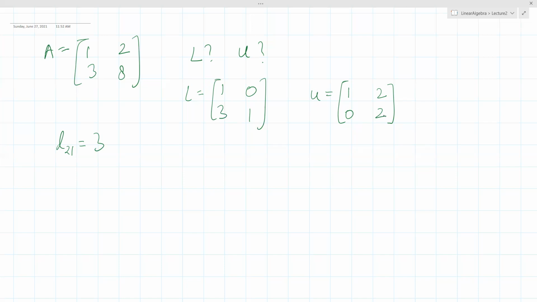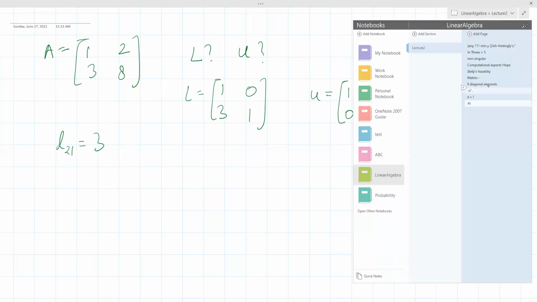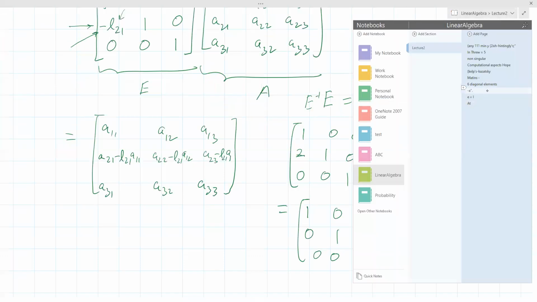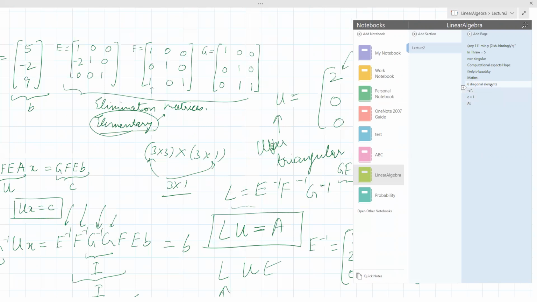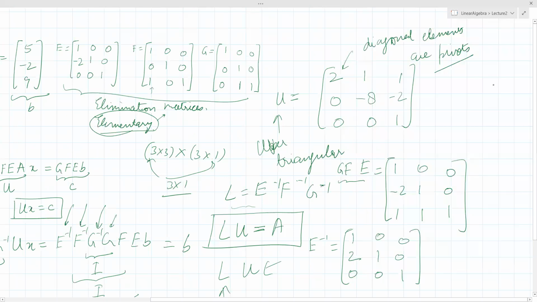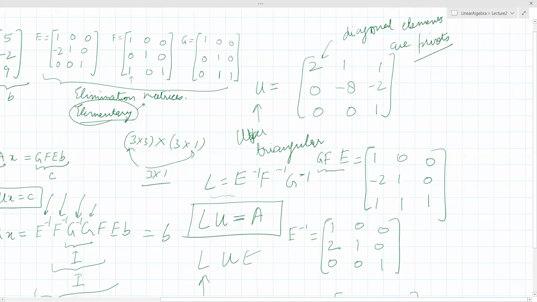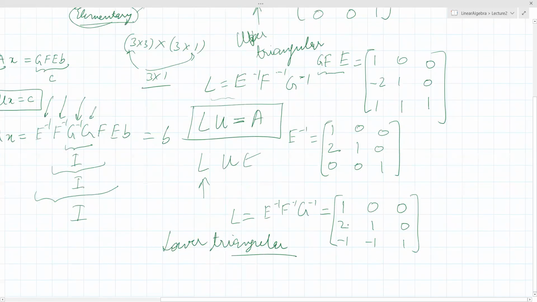Did you get it? Please understand that if you go back and look at this, you will see that the elements of L are the same as L21, or Lij, not minus Lij.